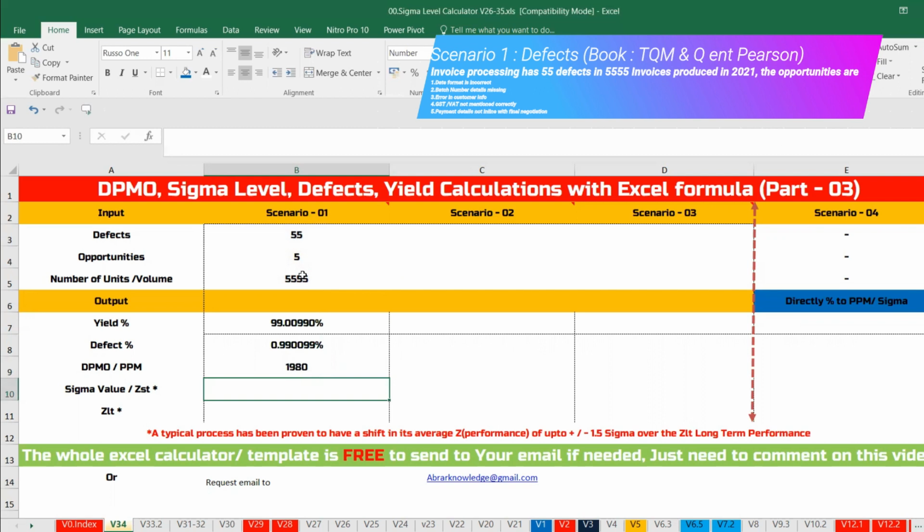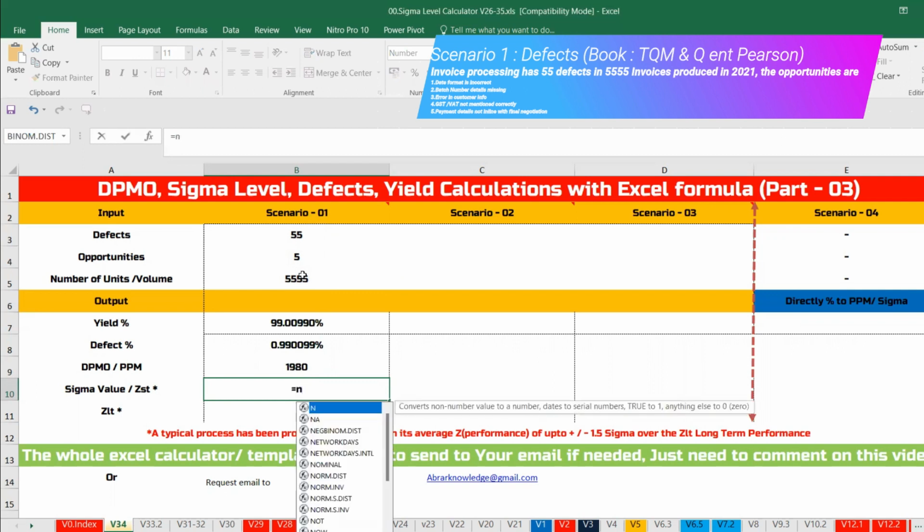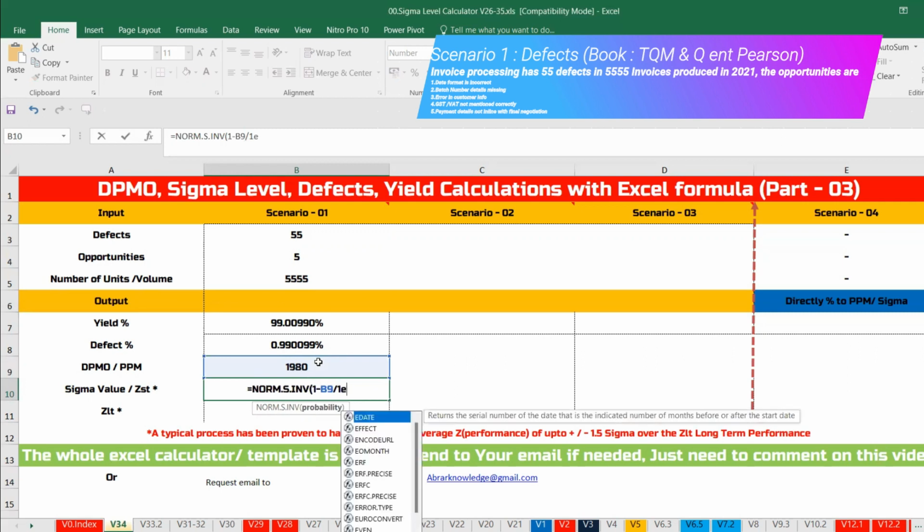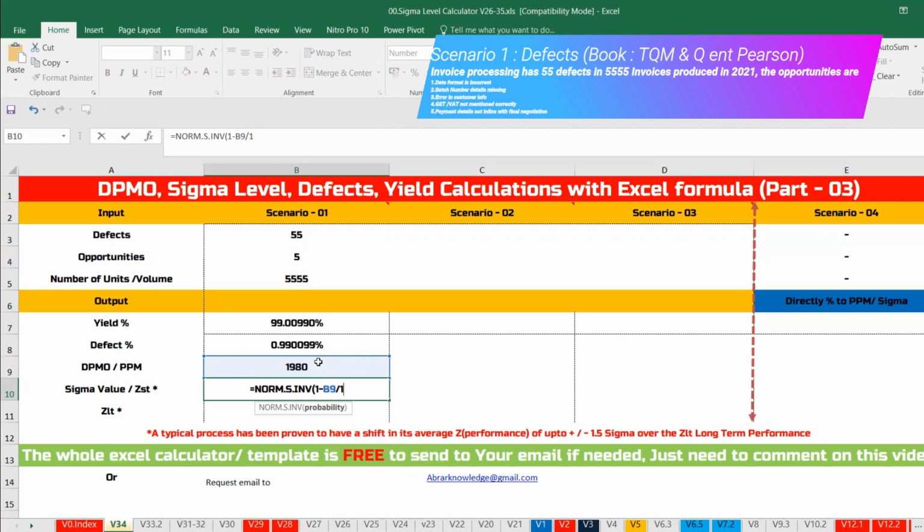What is the sigma value for this? You can give equal to NORM.S.INV of 1 minus DPMO divided by, again, 6 zeros. Instead of 6 zeros, you can also keep it as 1E6, where E stands for exponential 6. Plus, we know that when you say sigma value, 1.5 is added as a shift, so 4.3; for long term, we have to subtract that 1.5.